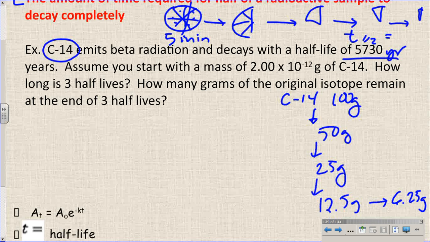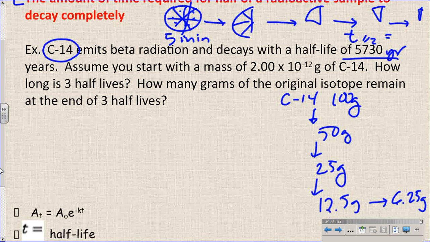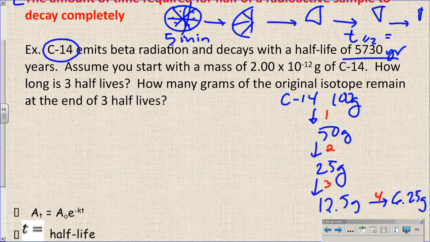So if I said, all right, I'm starting off with 100 grams of carbon-14, and you have to tell me how many half-lives have passed to get to only 6.25 grams left. How many half-lives have passed in this case? So 1, 2, 3, 4 half-lives passed for me to get to 6.25 grams from my original 100 grams.